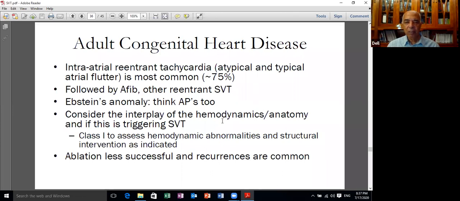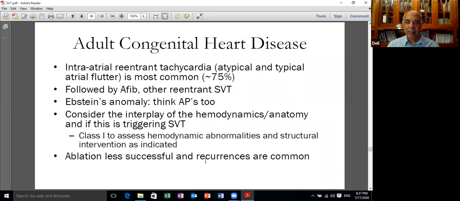No treatment is going to stand the test of time unless you correct the hemodynamic disturbance first, and then you look for the arrhythmia. Probably it will be corrected spontaneously or needs minimal intervention. Class 1 recommendation is to consider hemodynamic abnormalities and correct them.